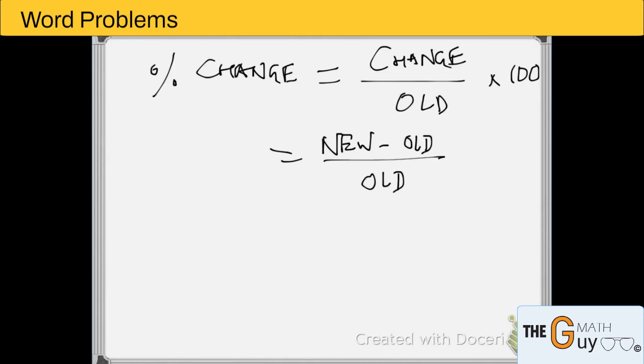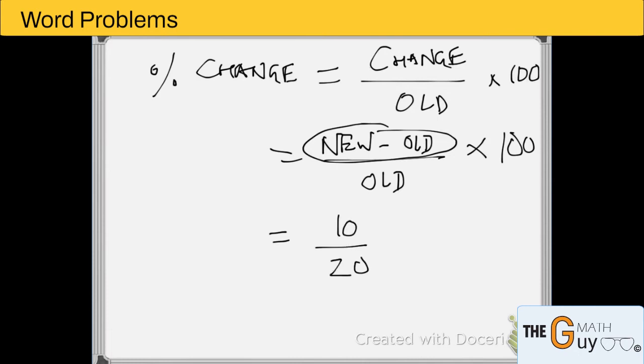So if your new value is less than the old value, the numerator would be negative, and that would imply a decrease. In the previous example, you get 50%, so there's a 50% increase in the amount of money in your wallet. These are the two things you need to solve all percentage problems.